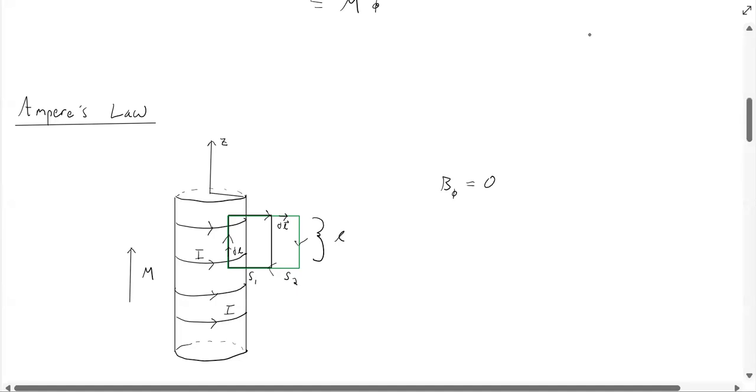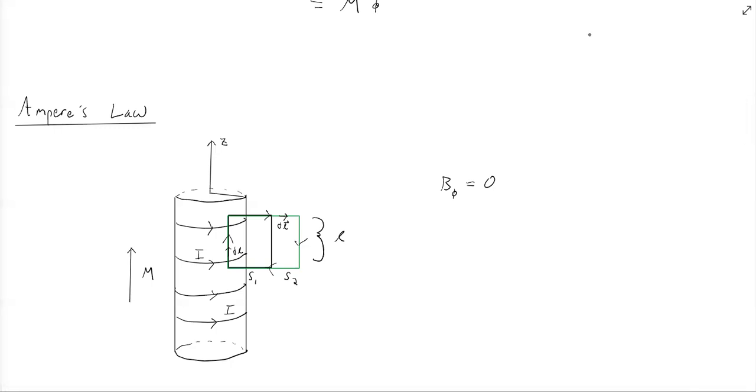This is because the current is already pointing in the phi hat direction. From the Biot-Savart law, our current crossed with the differential length that we choose in the phi hat direction will be parallel, and so that cross product will equal 0.